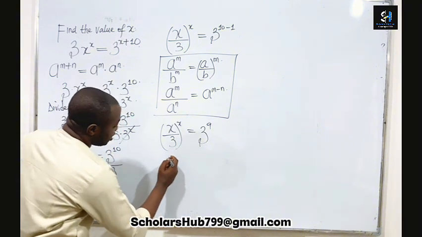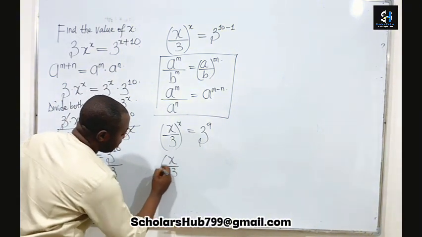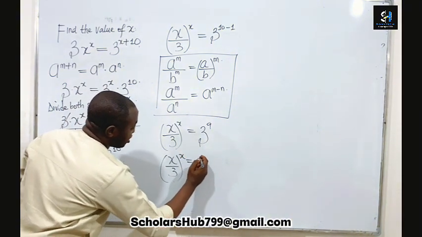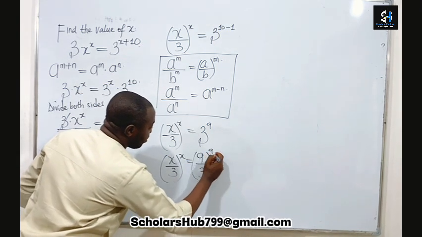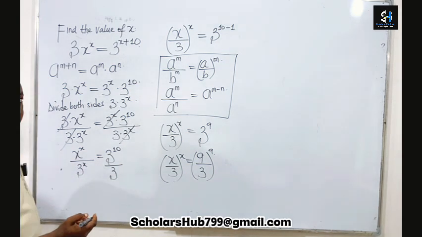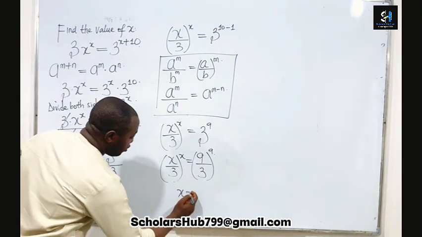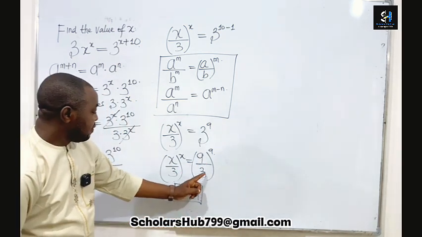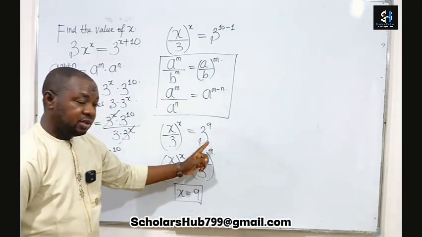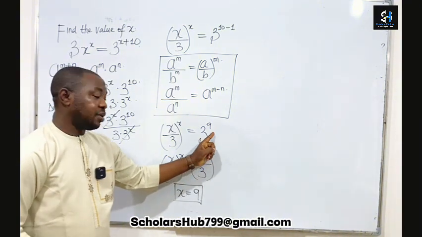That is, (x over 3)^x is the same as (9 divided by 3)^9. It makes sense, okay? So which means that the value of x will be 9. And this is because 9 divided by 3 is 3, then we still get our 3^9.